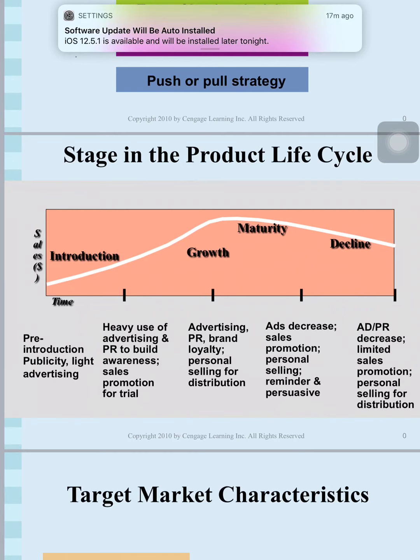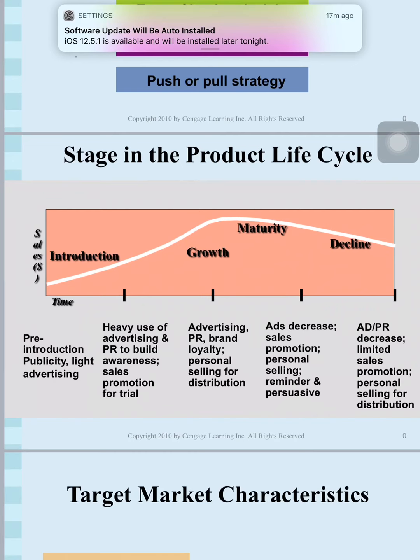The decline stage is where advertising and public relations are decreased. Okay, and then personal selling for distribution. They decline also, when they go for advertising, publicity drastically decreases, and sales promotion and personal selling are maintained at low levels.